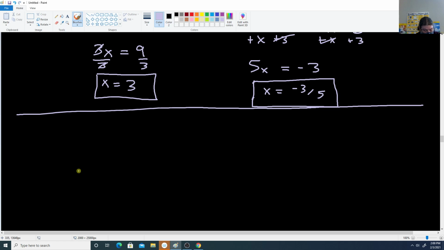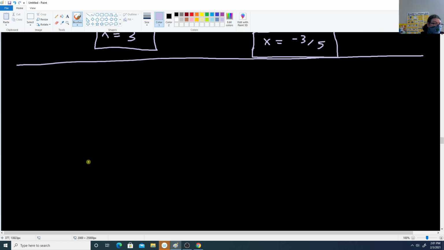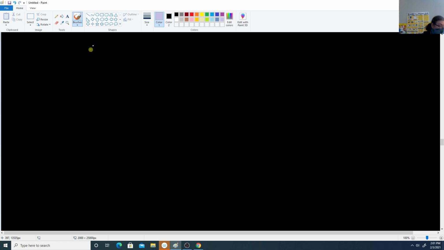So for our next example here, we're going to take a look at solving, kind of make up our own example here, kind of just do a different thing than is in the textbook. We're going to say absolute value of 3x minus 5 is less than positive 7.